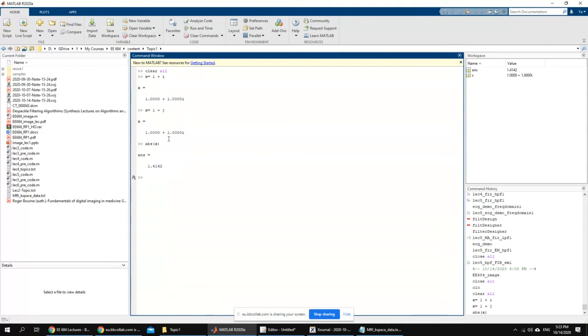If you have 1 and 1, imagine this is a vector making an angle of 45 degrees, right? If I say angle of x, it comes out as pi over 4. Maybe you can multiply it by 180 over pi so that we can see it in the right way. So absolute computes the magnitude of the complex value, and angle computes the phase of the complex value.